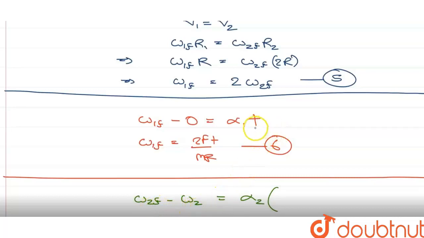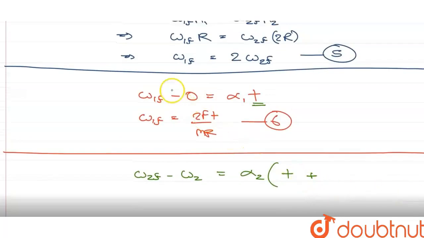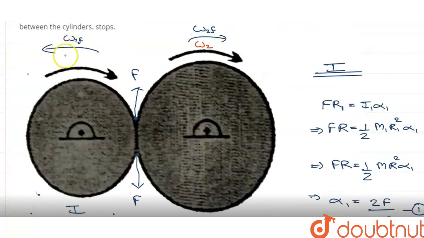This will be the sum of this time t that was taken for cylinder 1 to reach from 0 to its final velocity, plus the time in which cylinder 1 stopped for the first time. That means the time that cylinder 1 took to reach from its initial velocity omega 1 to 0.